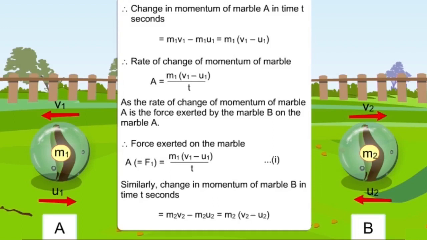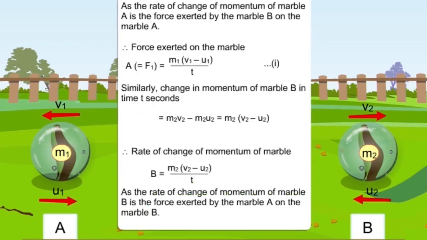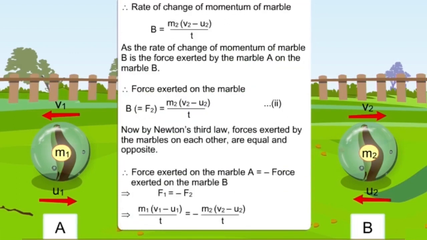Now, as we have calculated in the case of marble A, when we talk about the rate of change of momentum of marble B, we'll express it the same way, right? How? Let us see. The rate of change of momentum of marble B will be given as m2 (v2 minus u2) divided by t.